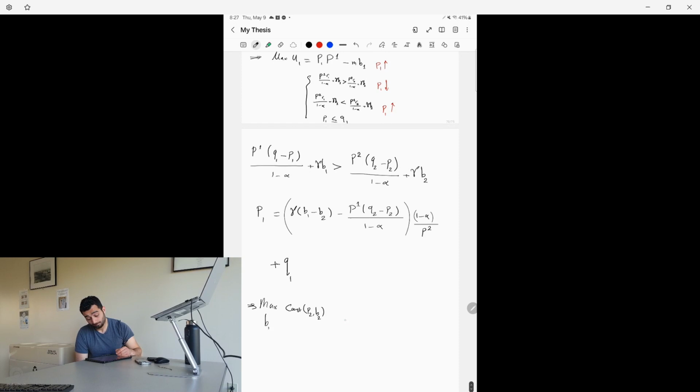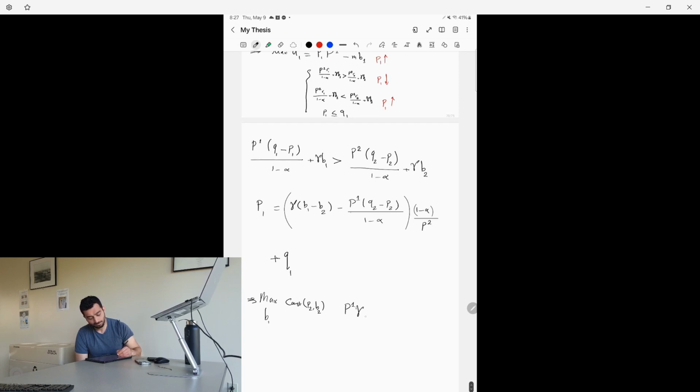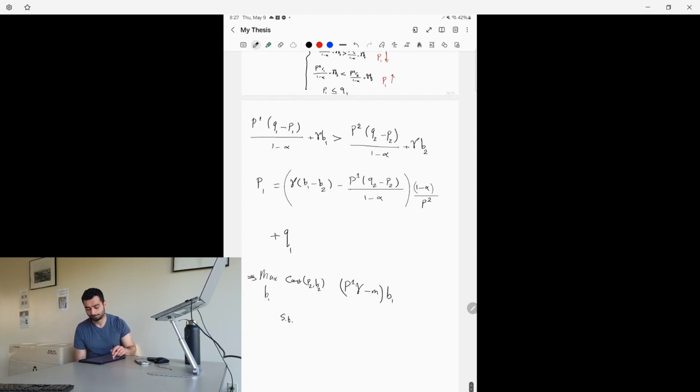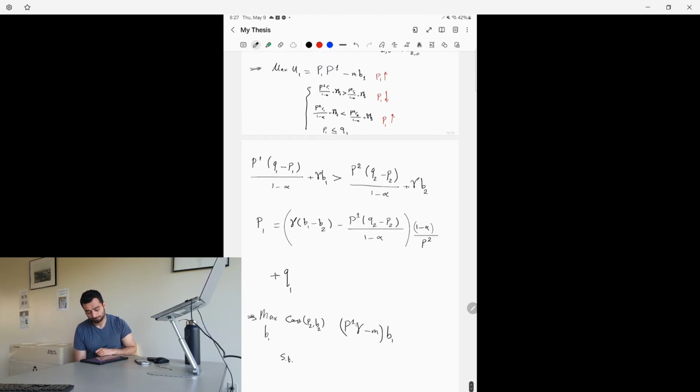Okay, P1 gamma minus M B1, right? And subject to: the first one was binding.